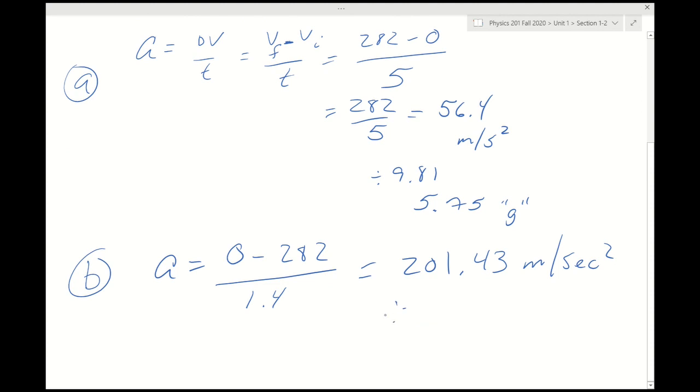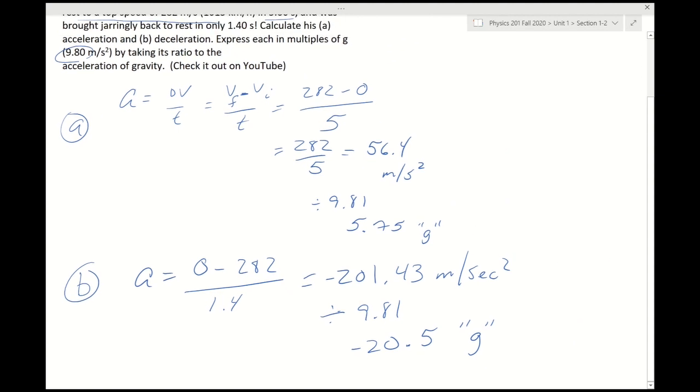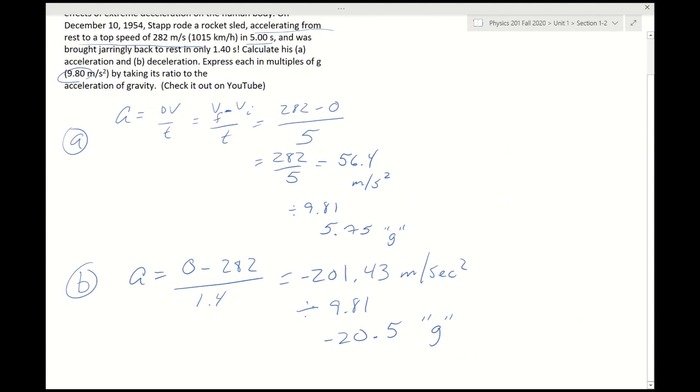And if we divide it by 9.81 to get it in terms of g, sorry, that's a negative, then we have 20.5 g. Oops, and it's a negative again. So as you can see, these are some pretty significant accelerations, especially the deceleration. 5 to 6 g's is not bad for a fighter pilot, but negative 20 g's is going to rough him up a bit.